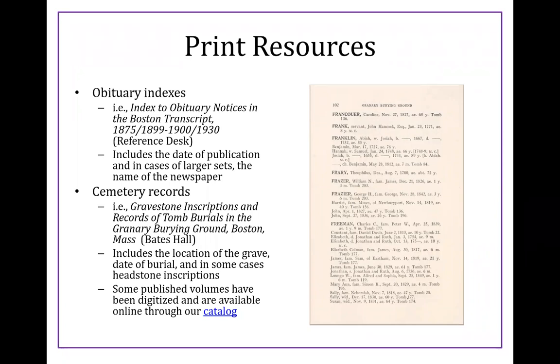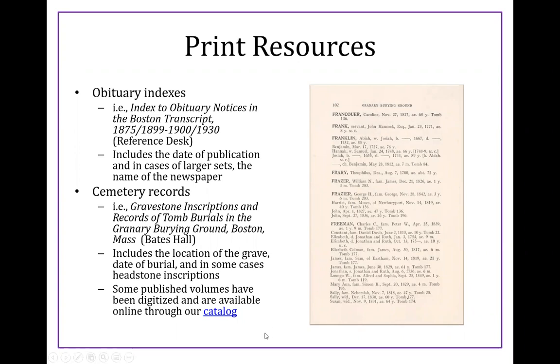If you're lucky, it'll have the plot information, and if you're extraordinarily lucky, some have transcriptions of what's written on the headstone. These can be useful, particularly for older headstones that have worn away and aren't legible anymore, but were legible whenever the book was compiled.